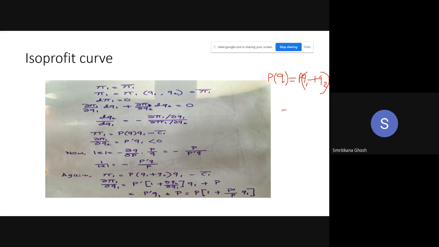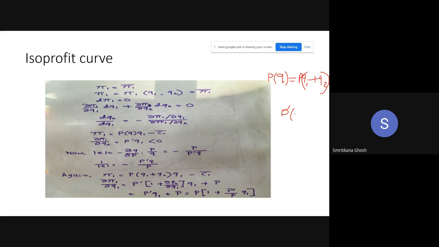P prime. Now within bracket, you have del Q1, del Q2, it will be 0, plus del Q2, del Q2, it will be 1. So del Q1 del Q2 will be 0, del Q2 del Q2 will be 1.